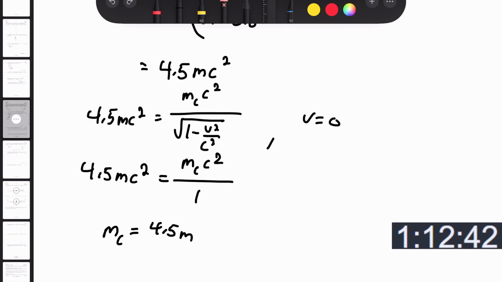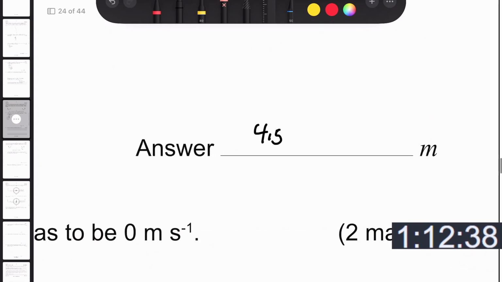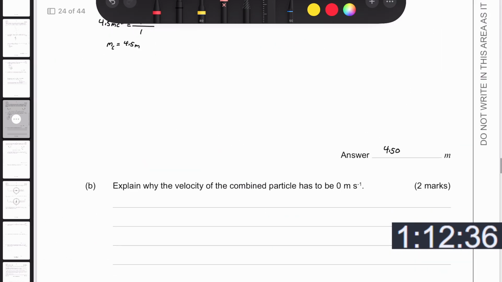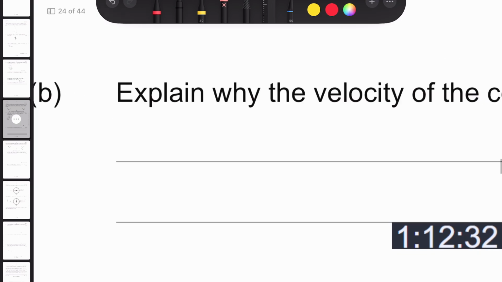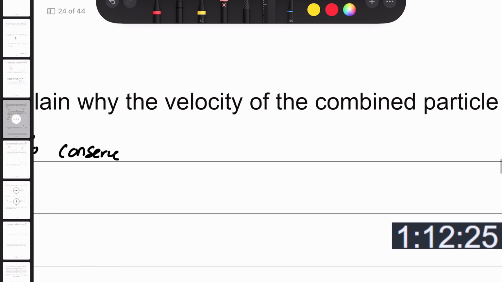So 4.50 m. Explain why the velocity of the combined particle has to be 0 meters per second to conserve momentum.